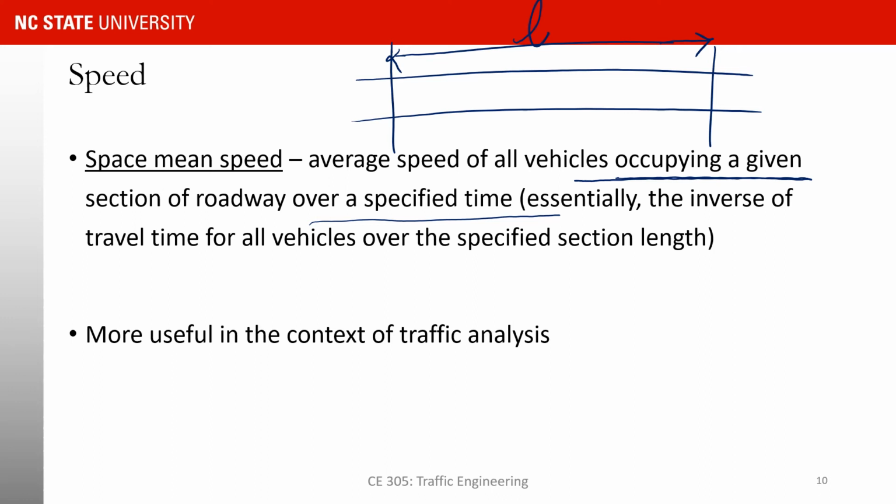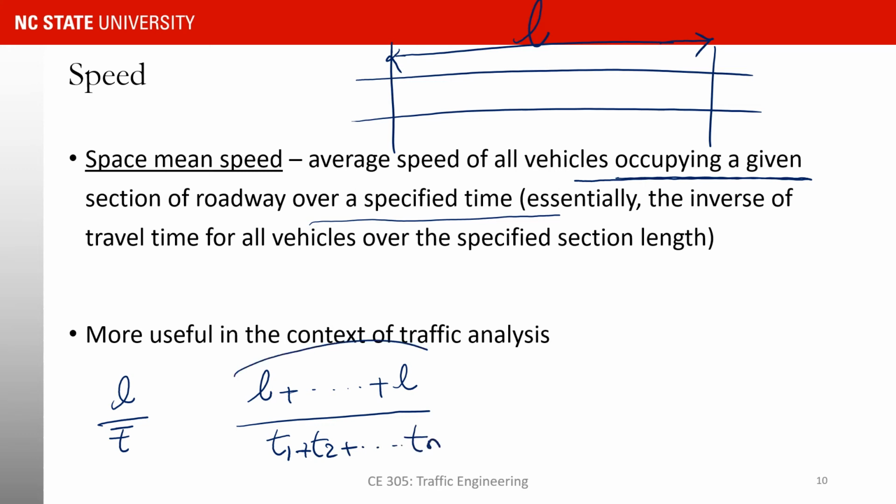So you can either divide L by the average travel time of vehicles, or, if you have n vehicles, you can say L divided by T1 plus T2 up to Tn. How many L's do I have here? I have n L's. So this is nL divided by T1 plus ... plus Tn, which is L divided by T bar.